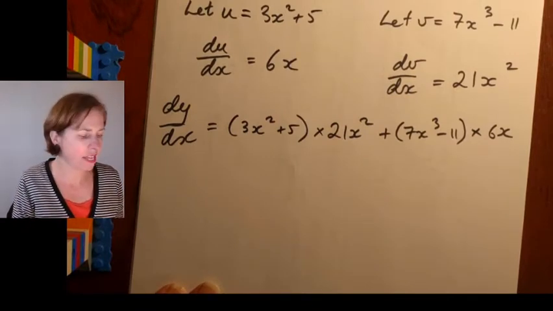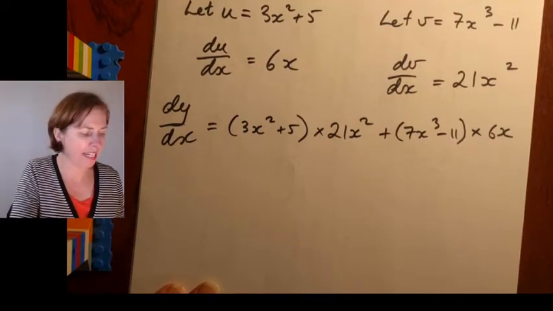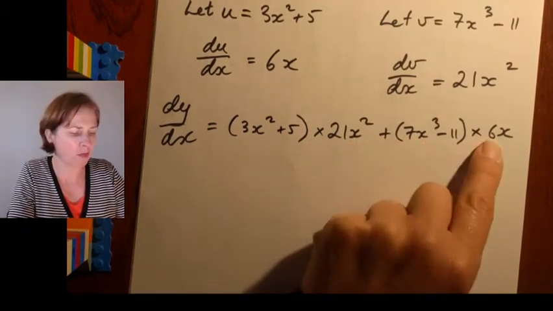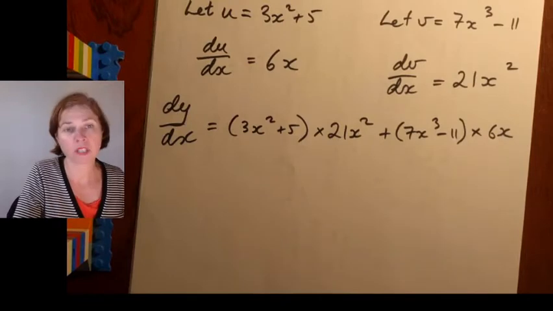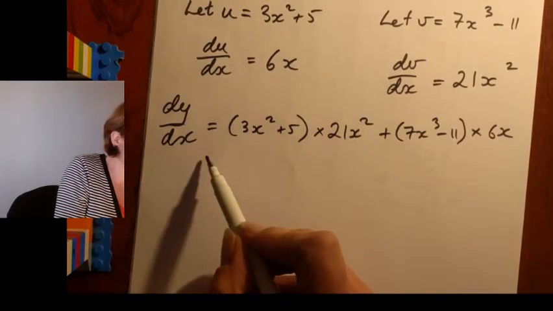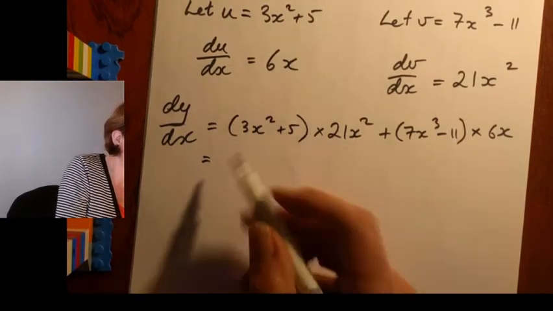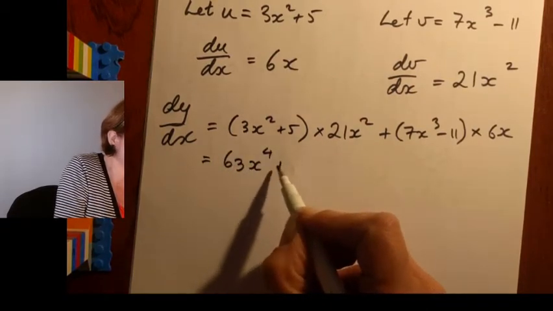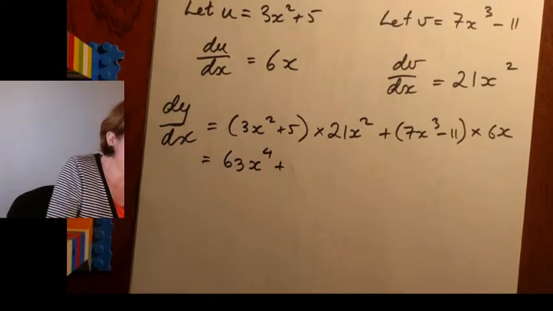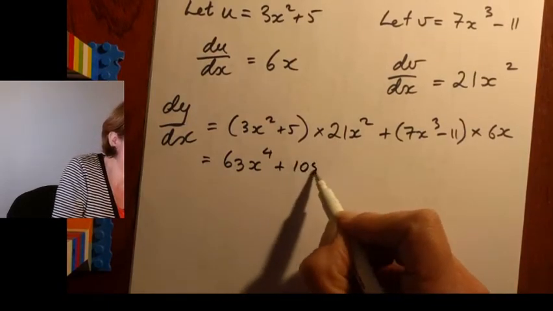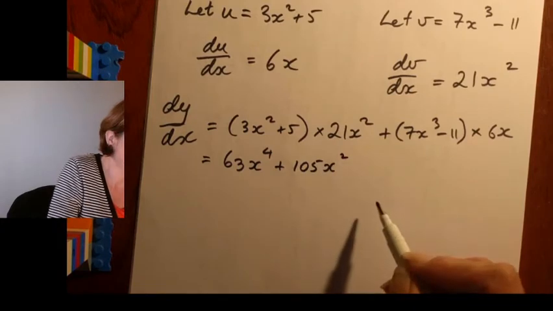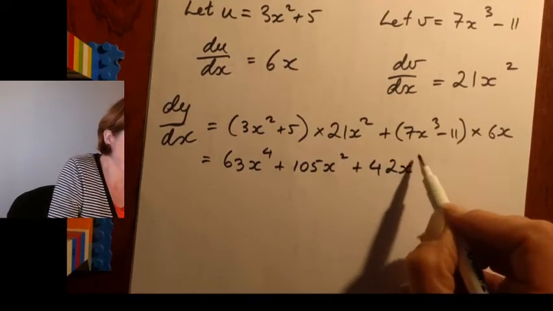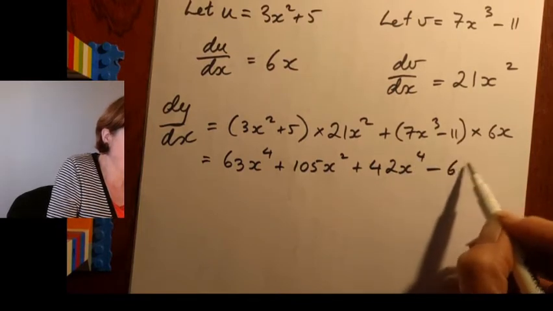Okay, now this looks to me like if I expand it out, that's going to give me a quartic term, that's going to give me a quartic term, so it looks like I'll be able to expand and simplify. So let's do that. 3 times 21, that's going to give me 63x to the power of 4 plus 21 times 5, that's going to be 105x squared plus 7 by 6, that's 42x to the power of 4 minus 66x.